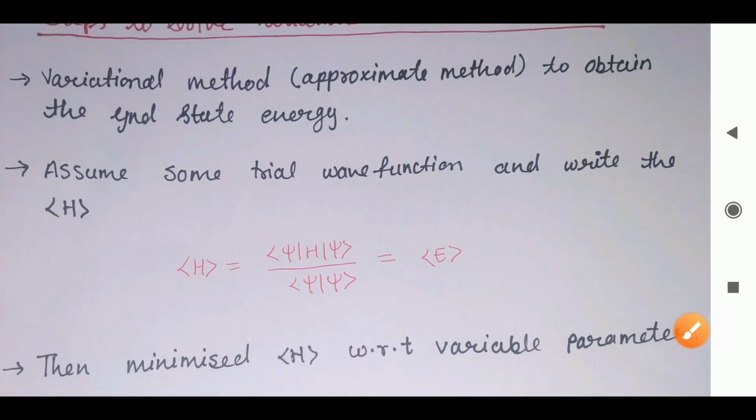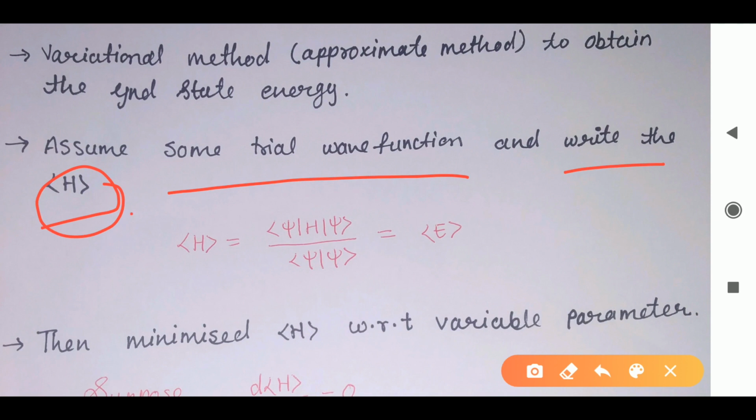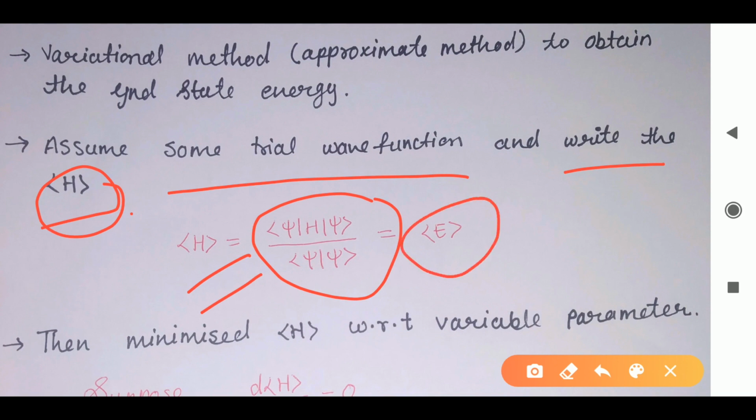Number one, we have to assume a trial wave function and write the expectation value of the Hamiltonian. With the help of this we solve the expectation value of the Hamiltonian, which is known as the expectation value of energy.